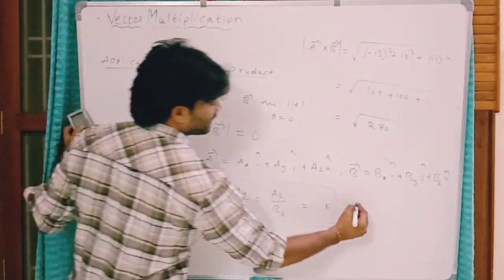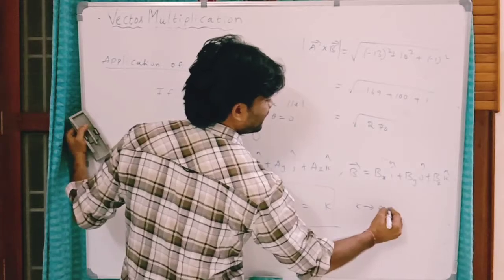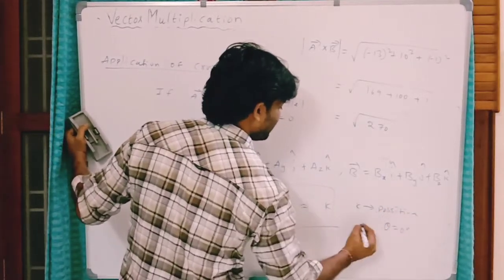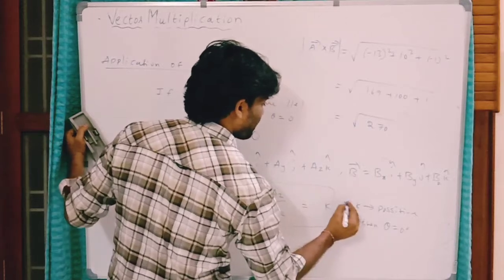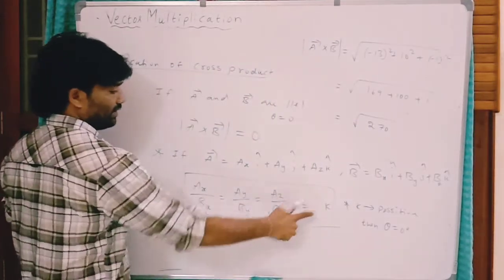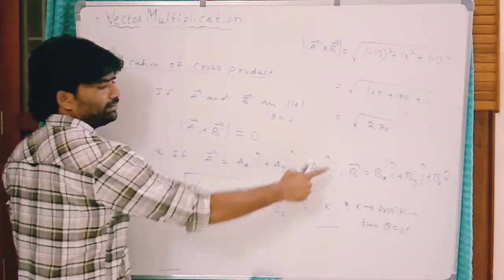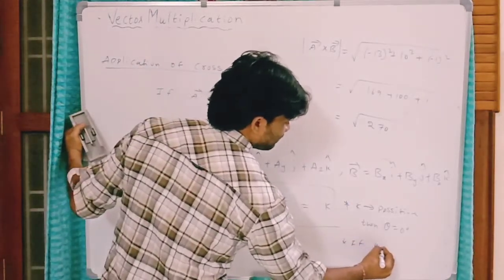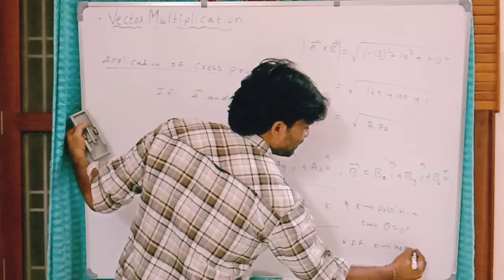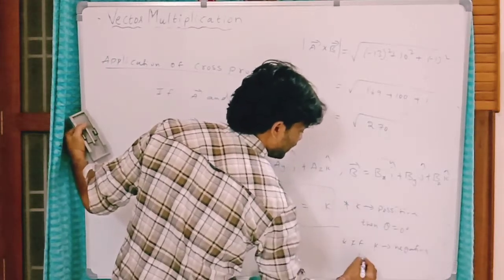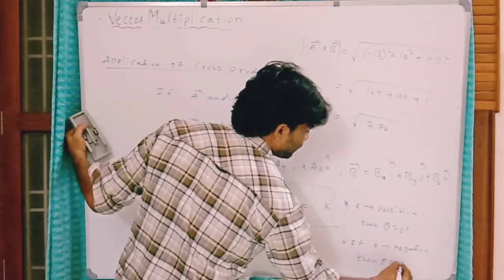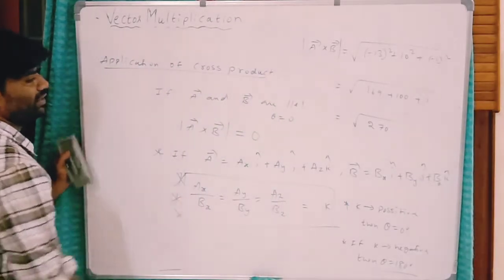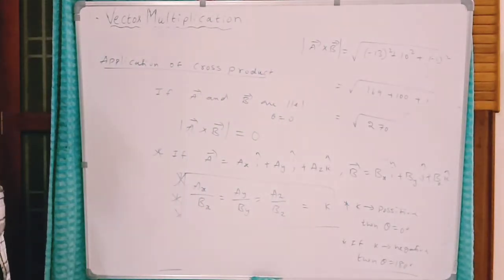If k is positive, then the angle between the two vectors is 0. If this constant is positive, then A and B are parallel, angle is 0. If k is negative, they are anti-parallel, then the angle between those two vectors is 180. Remember this condition, very important to check whether two vectors are parallel or not.